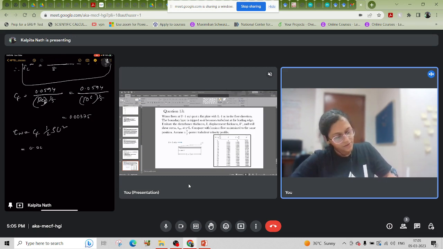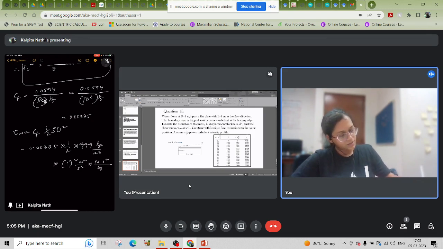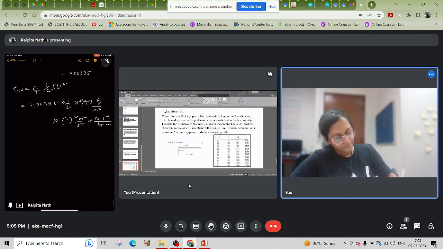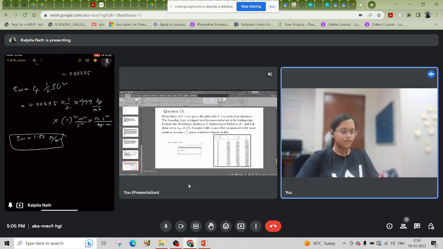So this is 0.00375 into 1 by 2 into 999 kg per meter cube into 1 meter square per second square, and converting units, Newton is kg meter per second square. Tau W is equal to 1.87 Newton per meter square. This is the shear stress.